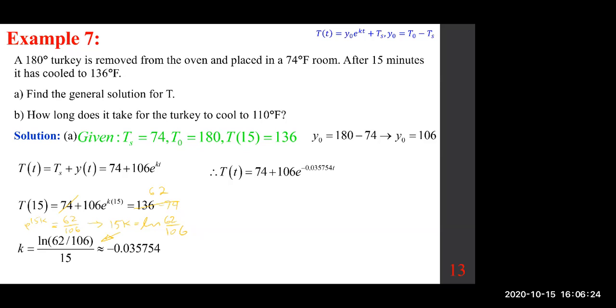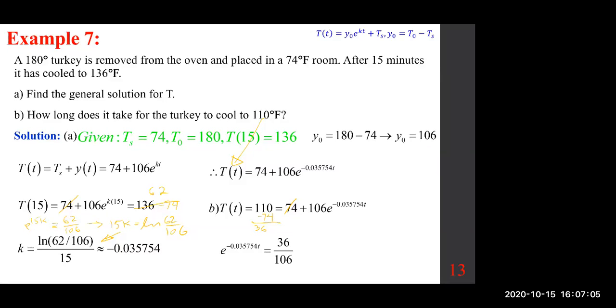And so finally, how long does it take for the turkey to cool down to 110? Replace it with 110. Subtract 74, divide by 106, take a natural log. So again, that's what you get.